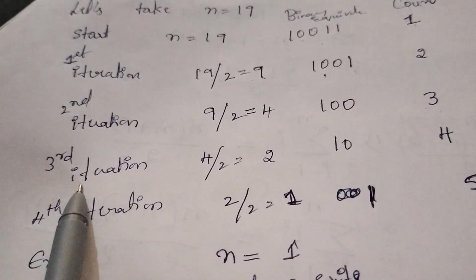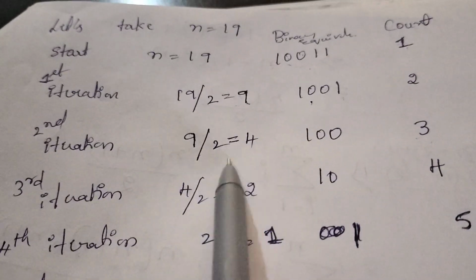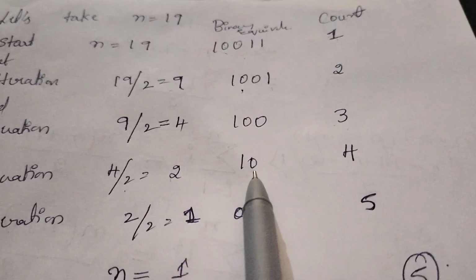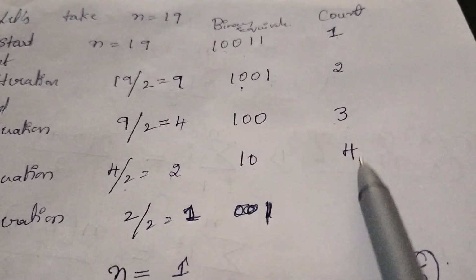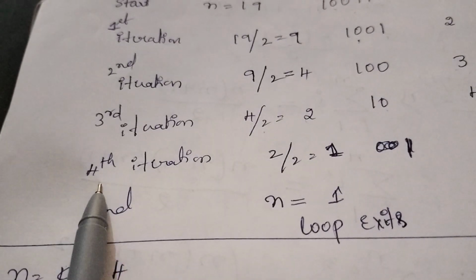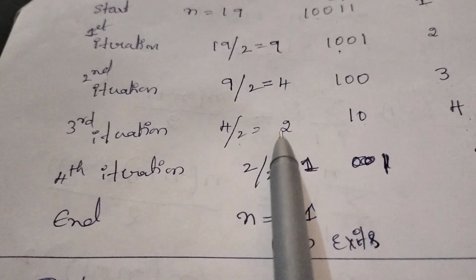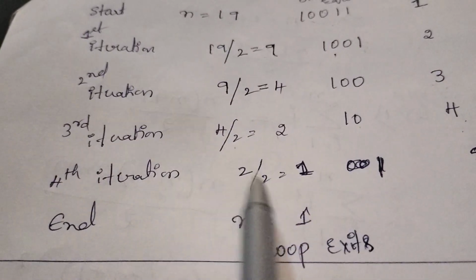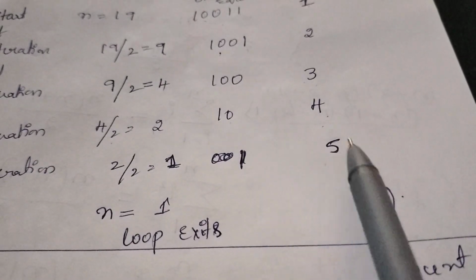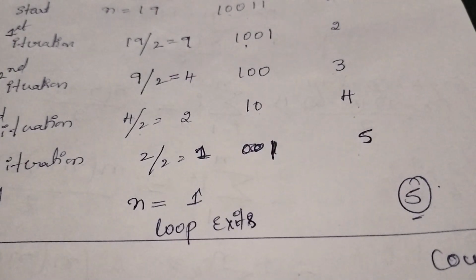In the next iteration, take the previous value, divide by 2, it is equal to 2, binary equivalent is 10, and increment the count value by 1. Now it is updated to 4. In the next iteration, take the previous value 2; 2 divided by 2 is equal to 1, the corresponding binary equivalent is 1, and the count value updates by 1, that is 5 now.